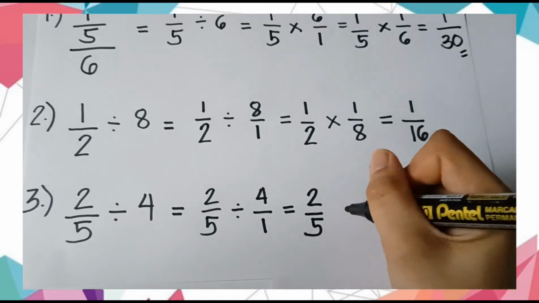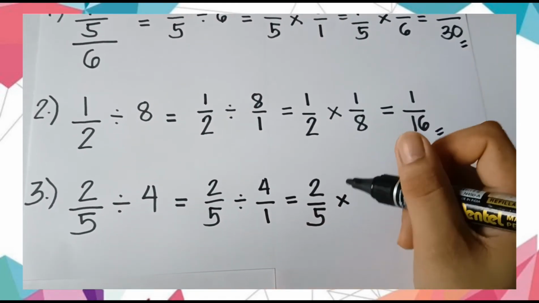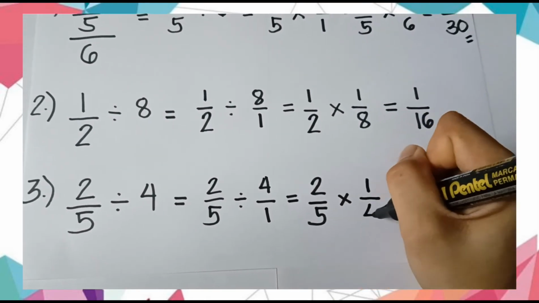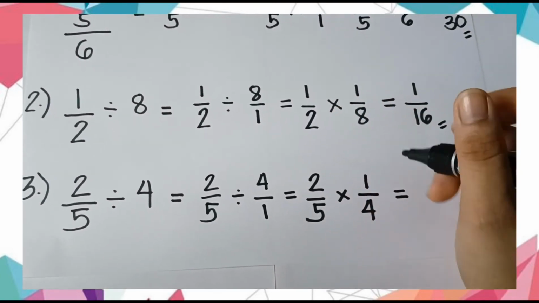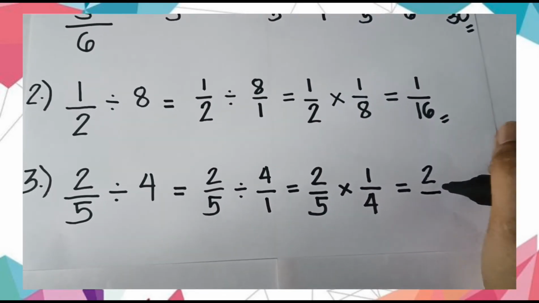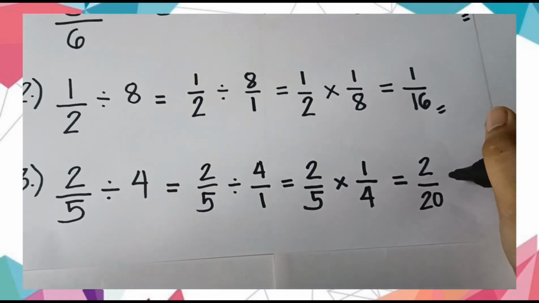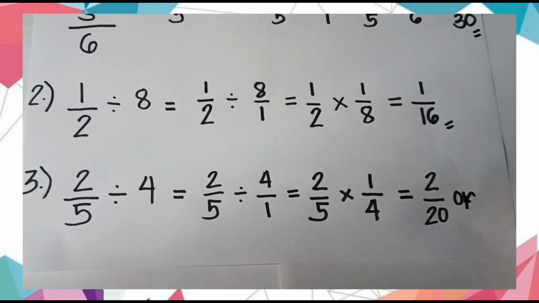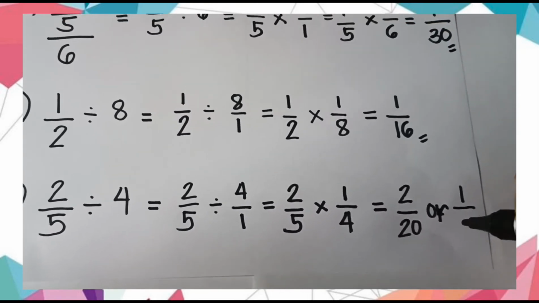You keep the first fraction, 2/5, and then you change the division into multiplication, and then you flip 4/1, and it becomes 1/4. Then finally, multiply the two. 2 times 1 is equal to 2, and 5 times 4 is equal to 20. So we can simplify our answer. 2/20 is equal to 1/10.